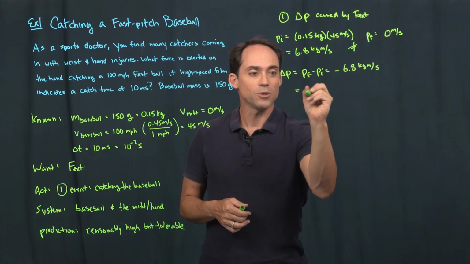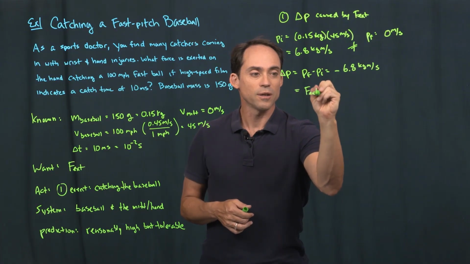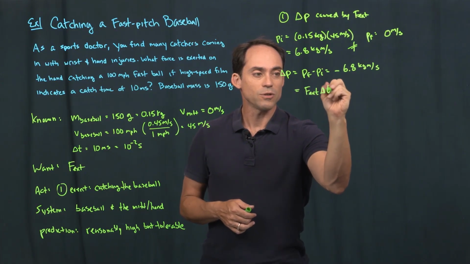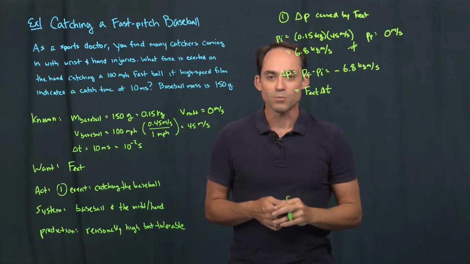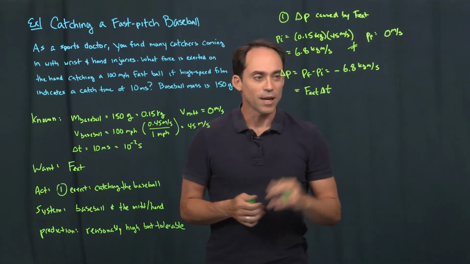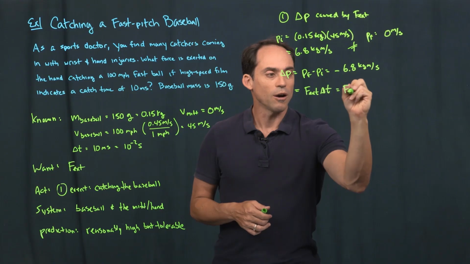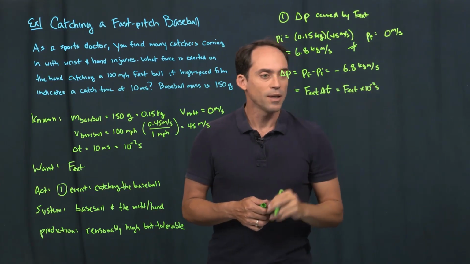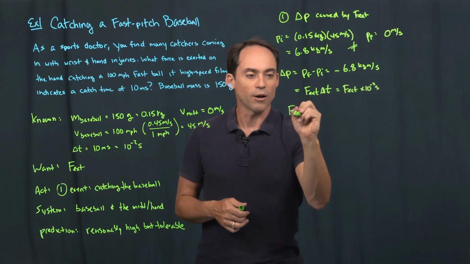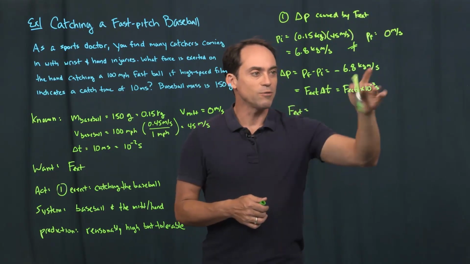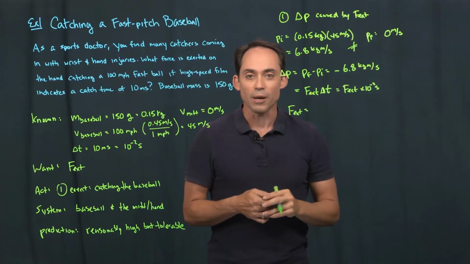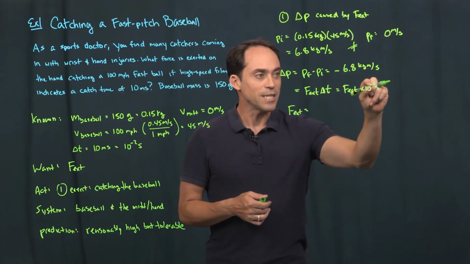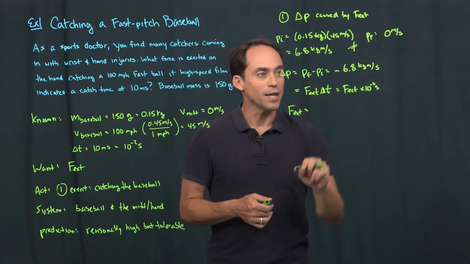And this is going to be equal to our external force times the time frame over which this momentum interaction occurs. And that's just equal to our external force times 10 to the minus 2 seconds. And so we can solve for our external force by just dividing by 10 to the minus 2, which is just multiplying by 100. Dividing by seconds is going to give us kilograms meters per second squared.